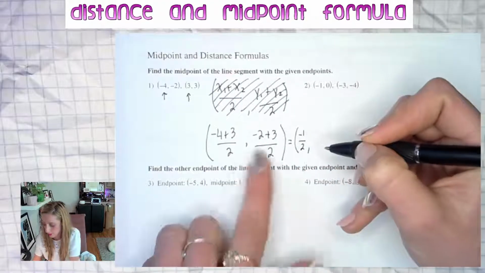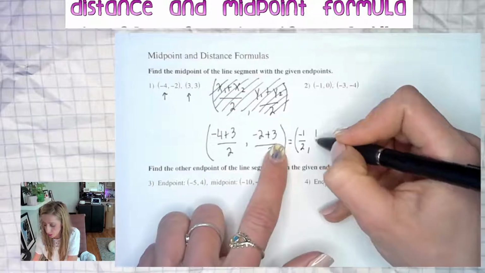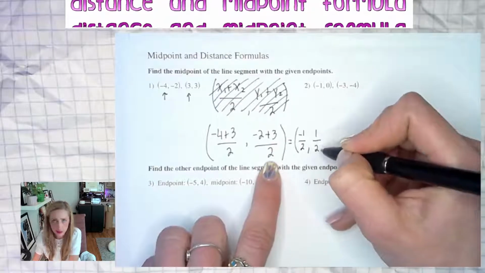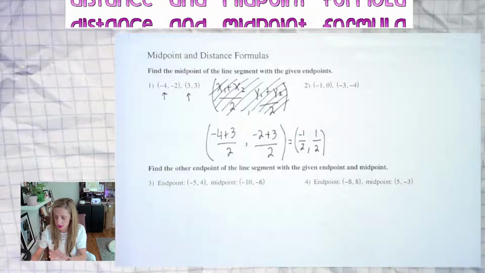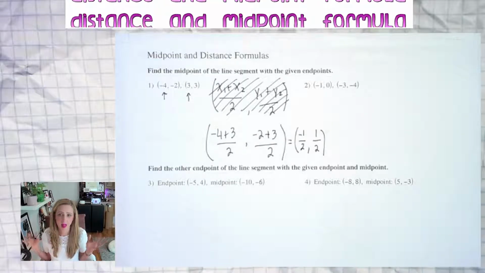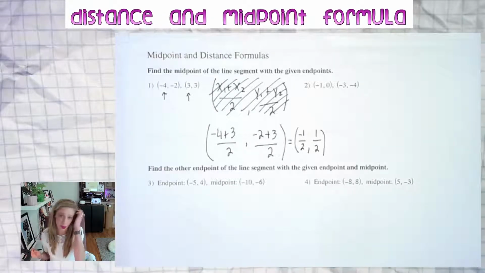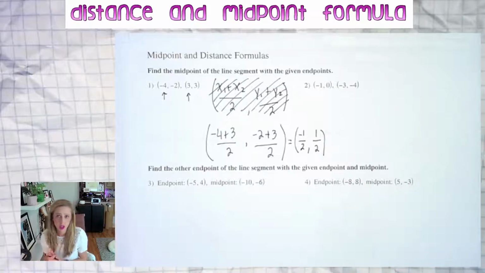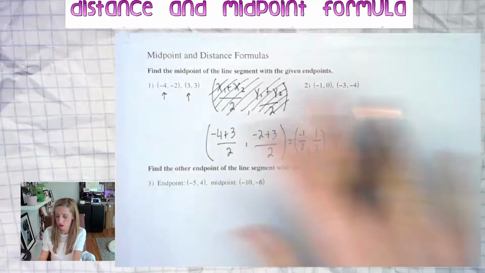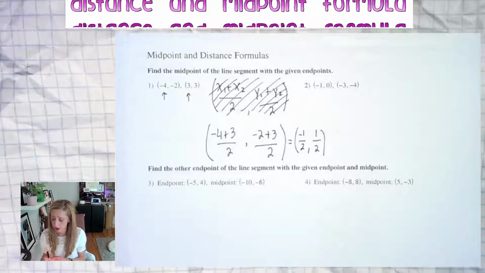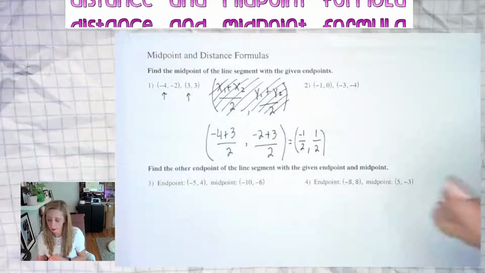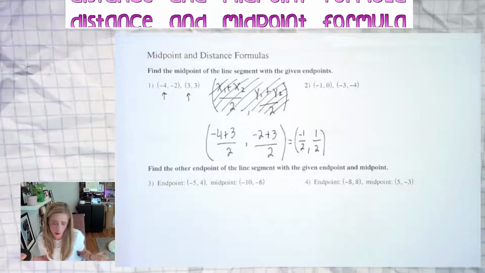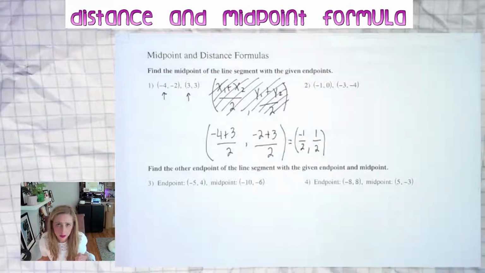We love it. -2 plus 3 is 1 over 2. Leave it. Don't put 0.5. That's better. And that's it. That is all you have to do. That's your midpoint. So you're going to do number 2 by yourself, showing these steps. You're not a wizard. You're not better at this than me. Maybe some of you. I don't know. But show your work. Thanks.